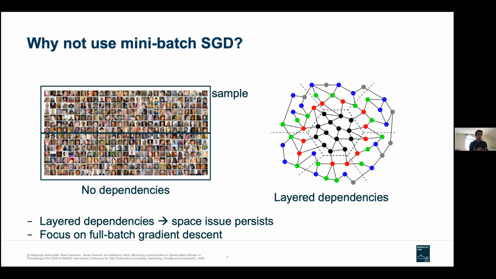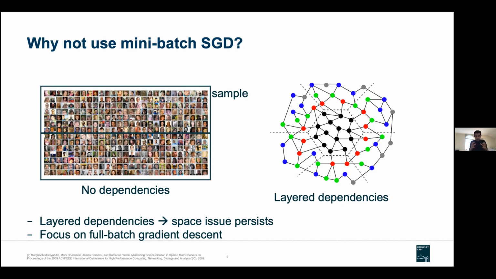But that's not true in graphs, because if we take a batch of vertices and we just want to run training on those vertices, we can't just store those vertices in the graph and train on them independently. And the reason goes back to the core operation of graph neural network training, which is this aggregation step. Remember, for each vertex, we need to sum the feature vectors across each vertex's incoming neighbors.